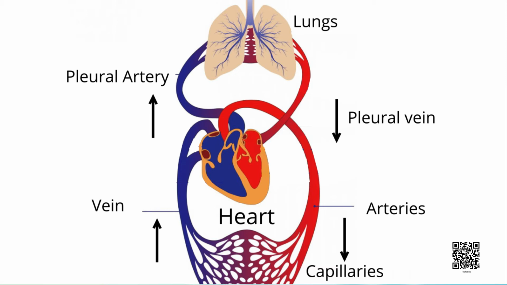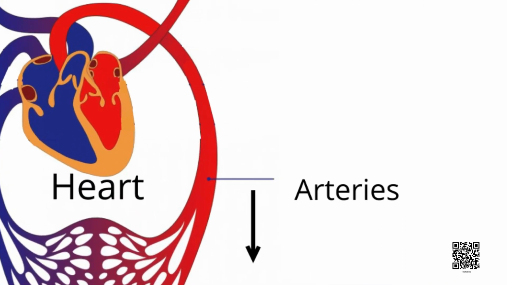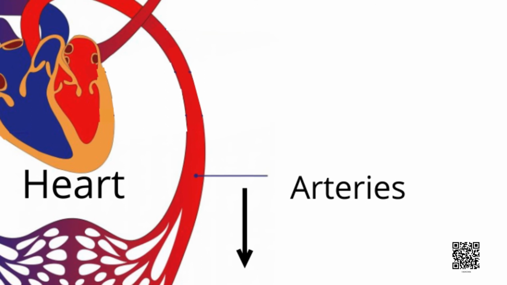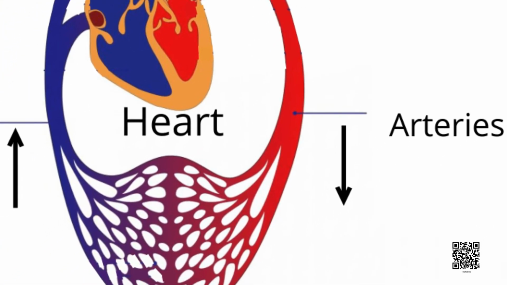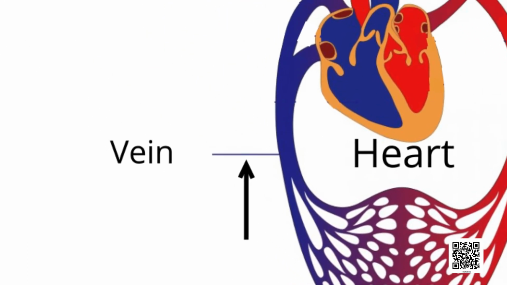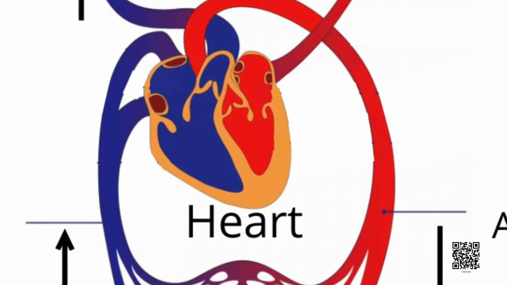There are valves present in veins which allow blood to flow only towards the heart. Arteries divide into smaller vessels. On reaching the tissues, they divide further into extremely thin tubes called capillaries. The capillaries join up to form veins which empty into the heart.